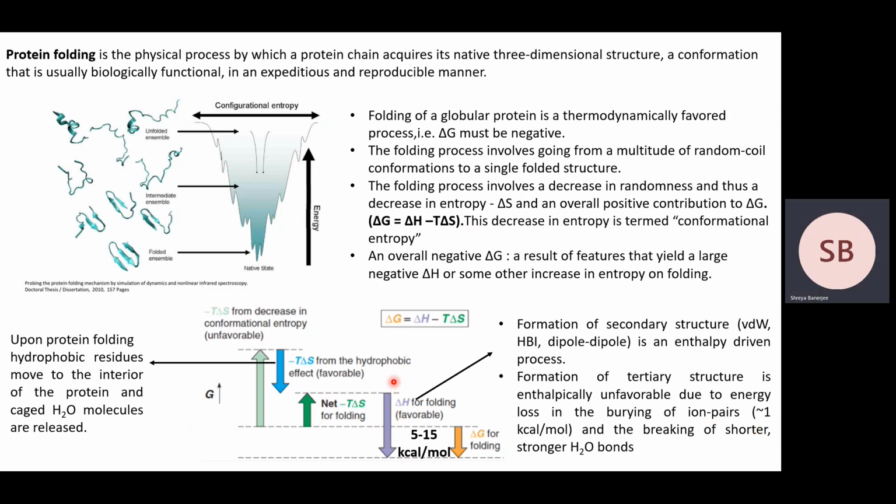So the overall enthalpy of folding is favorable by 5 to 15 kilocalories per mole. And overall, this delta G, which is delta H minus T delta S, is slightly favorable, and that makes the protein folding a spontaneous process.